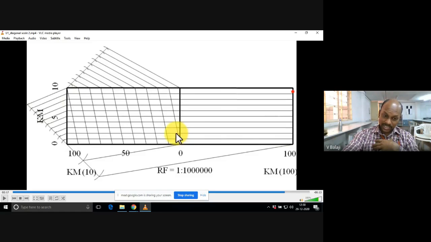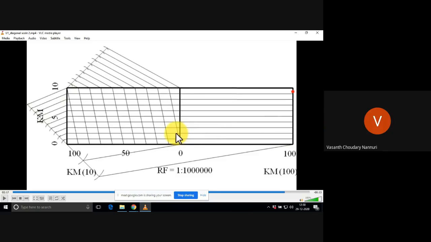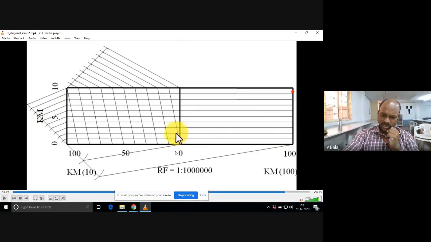For example, if you take 20 parts, each part will be how many kilometers? 10. For example, to the right hand side of 0 you have taken 9 parts, and on the left hand side you have taken the remaining 10th part. Each part contains 10 kilometers.